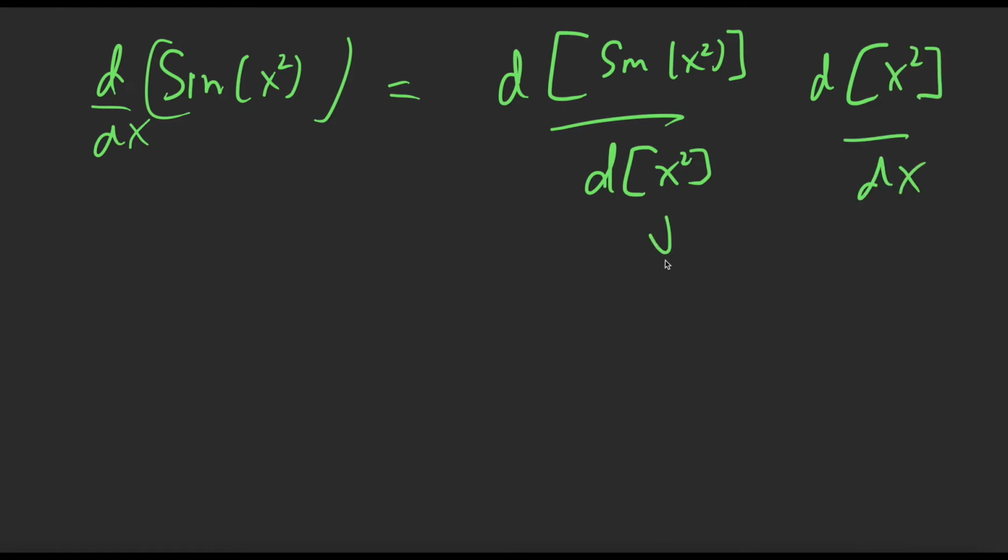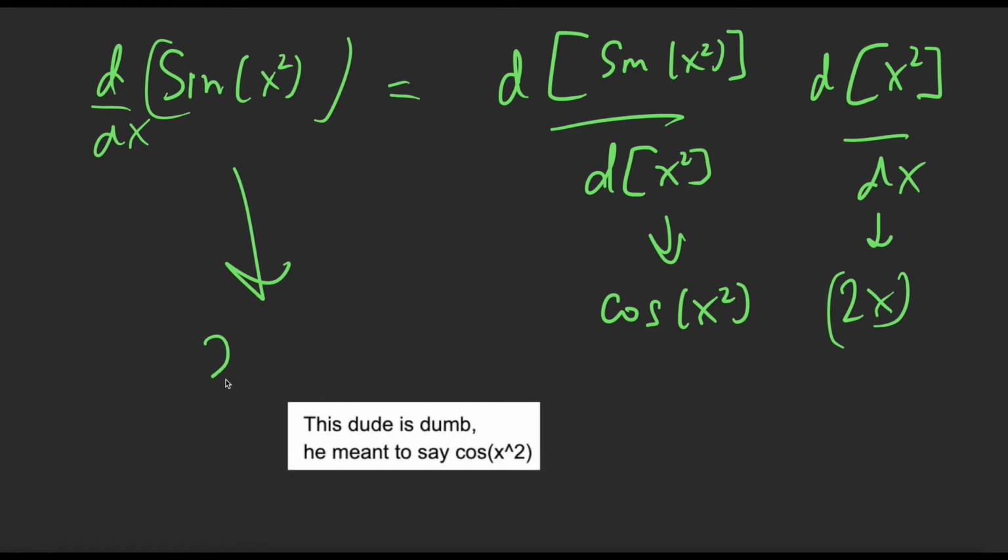So this thing is cos x square, because over here x square is the variable, not x, which technically does mean that x is the variable, but we're not differentiating with respect to x. So just get it. And differentiating x square, it is 2x. So this thing is equal to 2x cos x square.